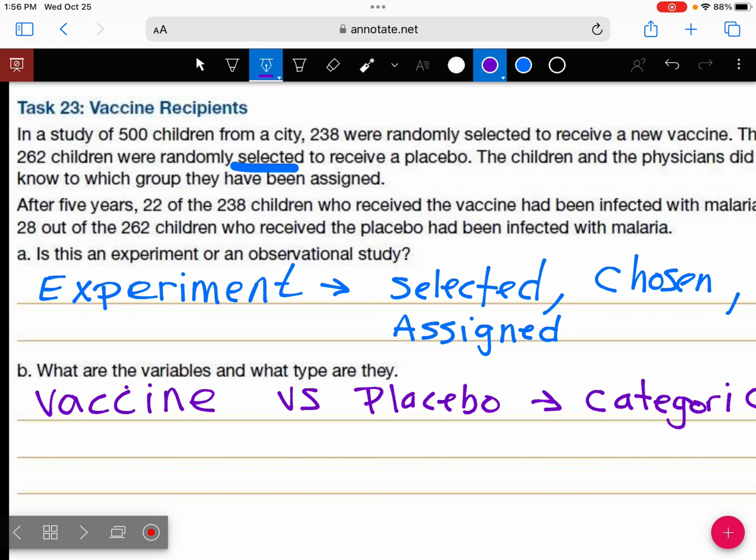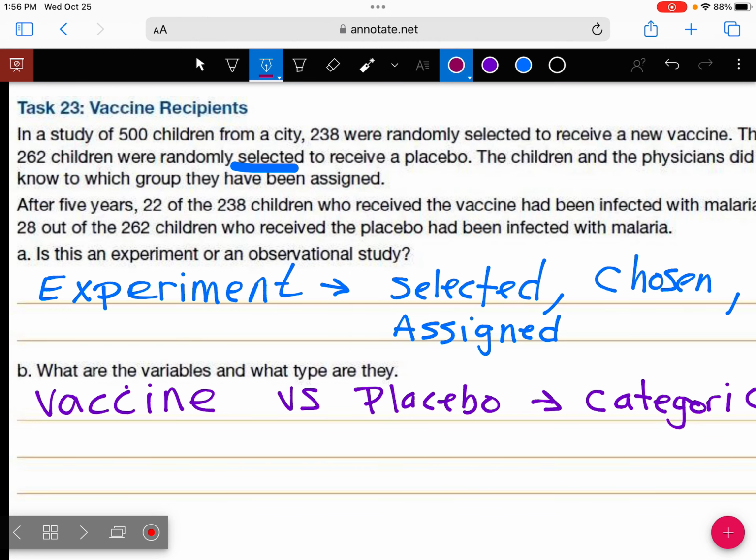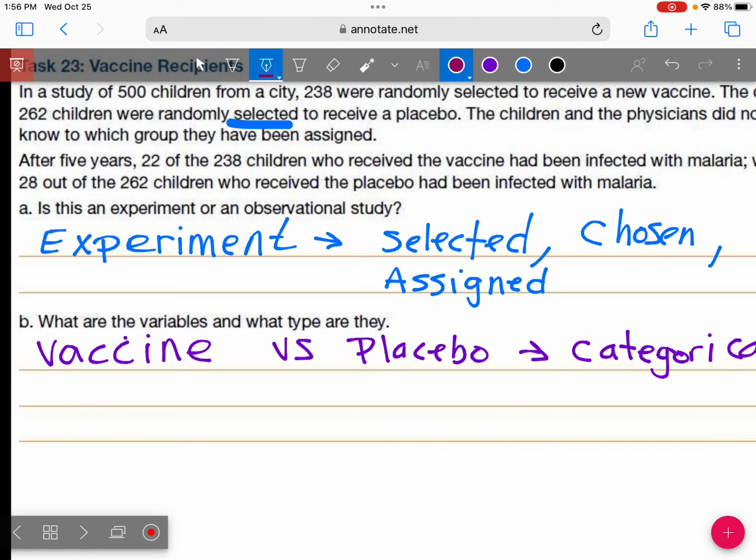What else were they paying attention to? How do they know if the medicine worked? What were they measuring? If they got sick. So malaria versus no malaria.